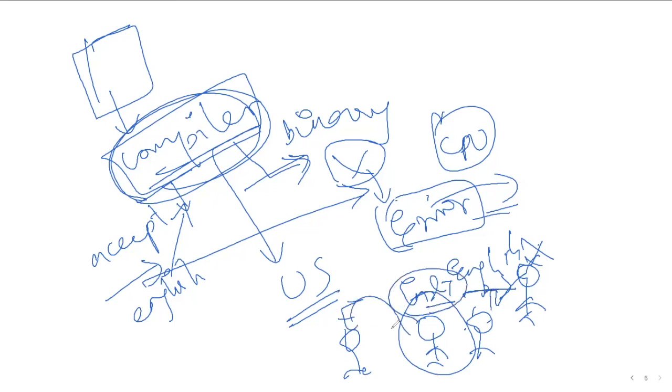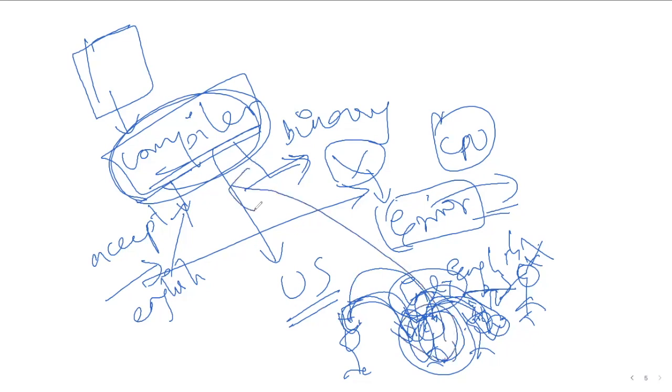I tell this person, please take the water bottle for me, and this person translates it and tells it to you in Tamil. You take the action and give it to this middle person, and the middle person gives it back to me. So this is the work done by the compiler.